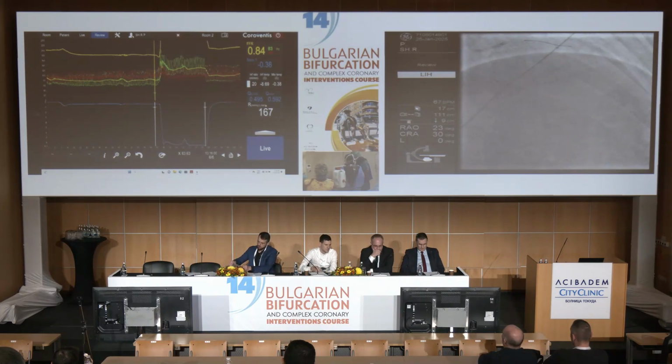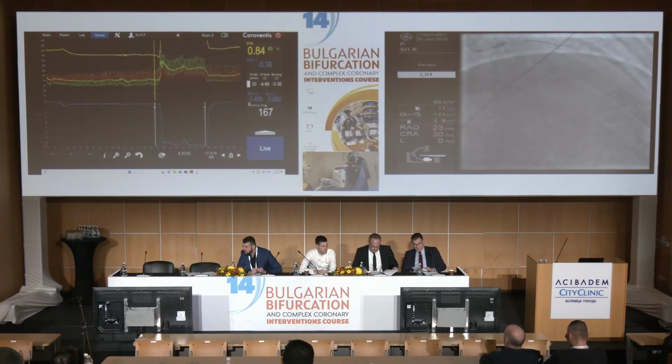Well, we see that the flow in the LAD is no longer 166, but almost 500 milliliter per minute, which is not surprising. It's very high, but it's not completely impossible in a young gentleman with such a massive LAD. Okay, and this is the hyperemic flow. Look at the resistances. They come from 700, they are down to 170.